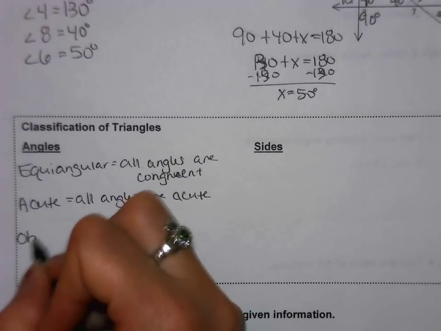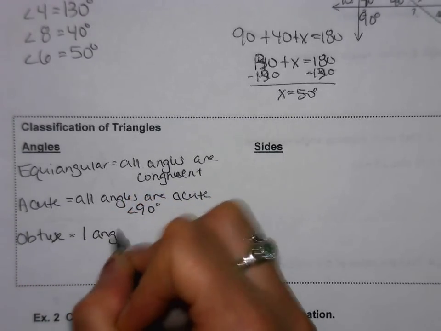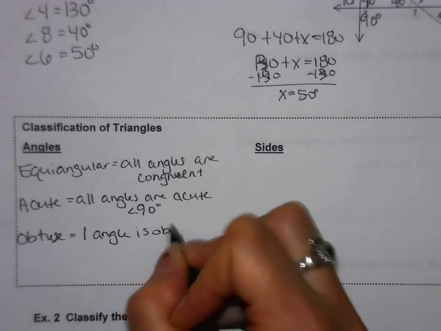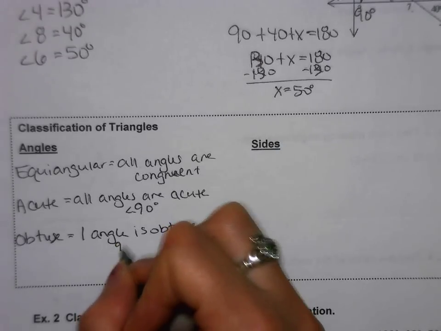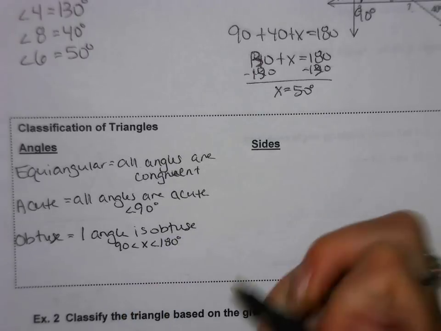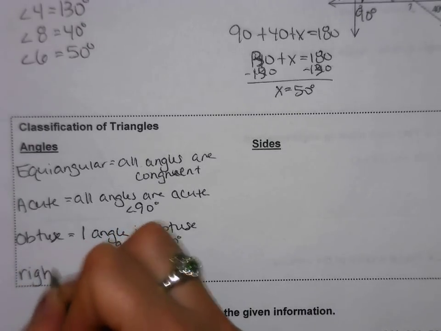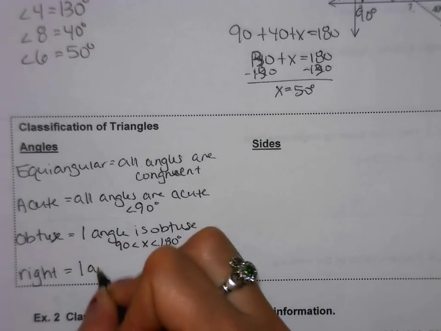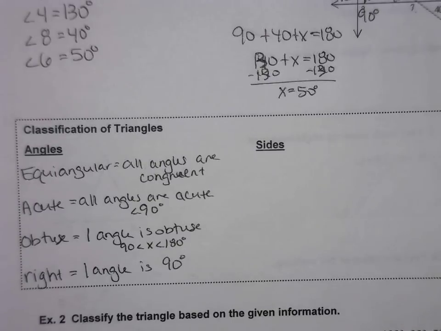We can have an obtuse triangle, where only one angle is obtuse, meaning it's greater than 90, but it's also less than 180 degrees. And our last one is a right triangle, and that's where one angle is a right angle, which means it's 90 degrees.